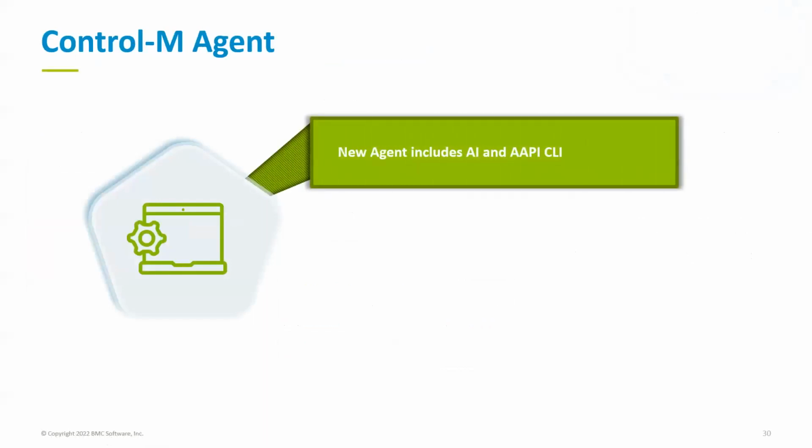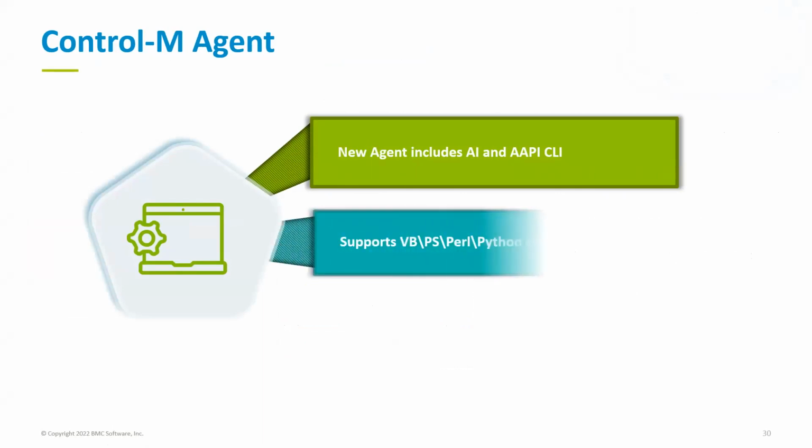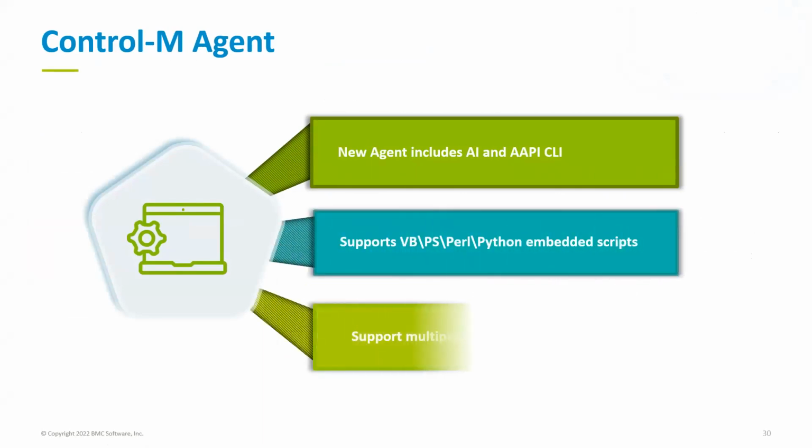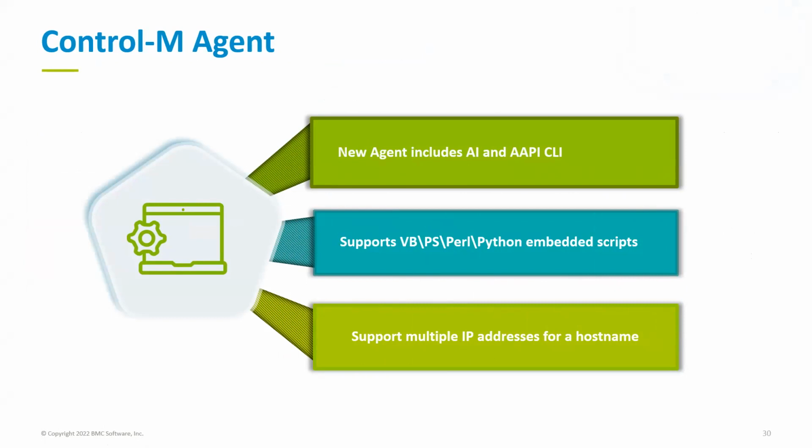On top of that, we have provided enhancements for the agent also. Now with Control-M V21, when an agent is installed and configured at the endpoint, you will have by default an application integrator and the automation API command line interface available on that server where you have installed the Control-M agent.